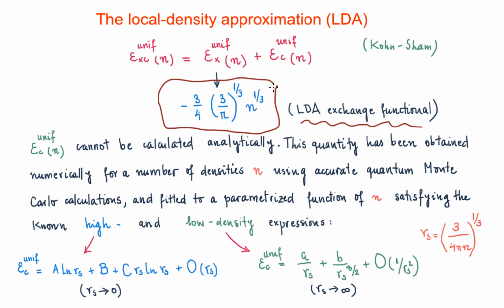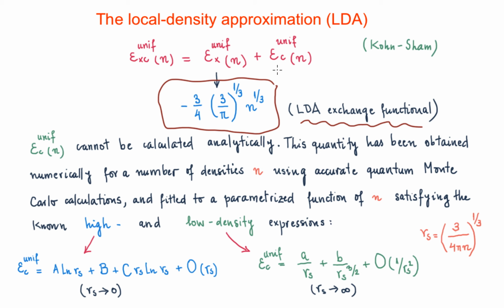So we already have the exchange contribution for the energy per particle. And that's the one we are going to use in order to calculate the exchange and correlation energy functional.